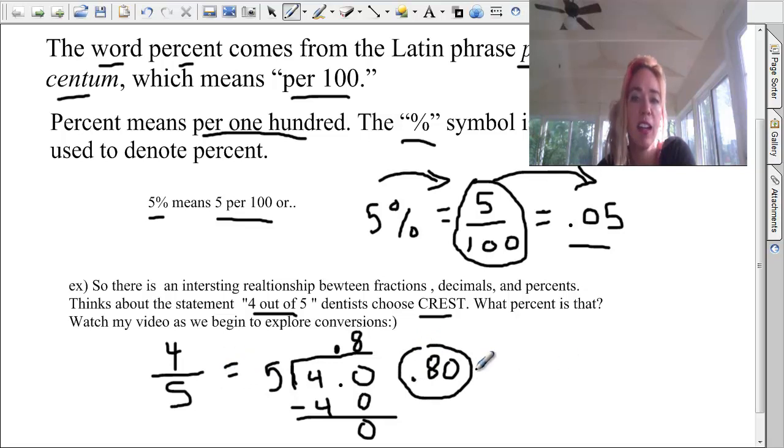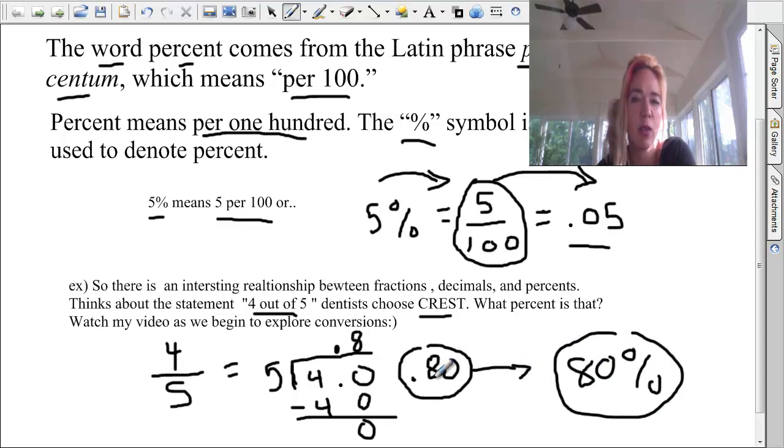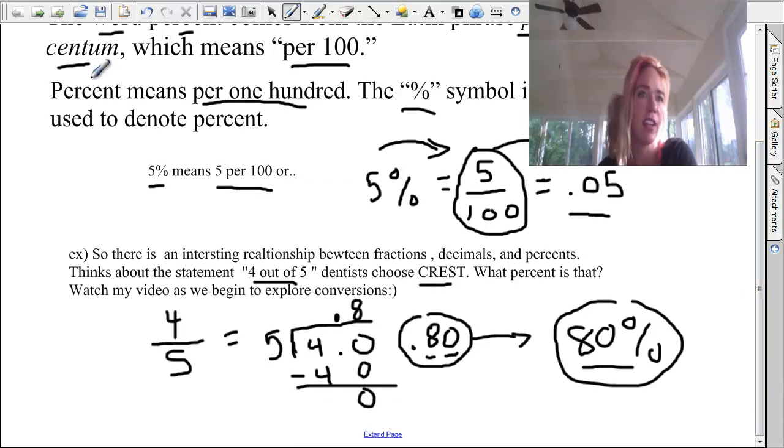And then, as you can imagine, that's 80%. So you start to make this connection in your mind: how do I move from decimal to percent? Perhaps I just slide the decimal 2 units to the right, virtually multiplying by 100, and voila, you have 80%. So we'll seal the deal on all those recipes for moving from decimal to percent and vice versa here on the next slide.